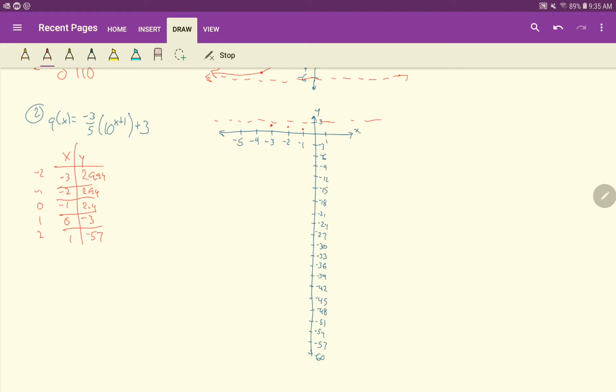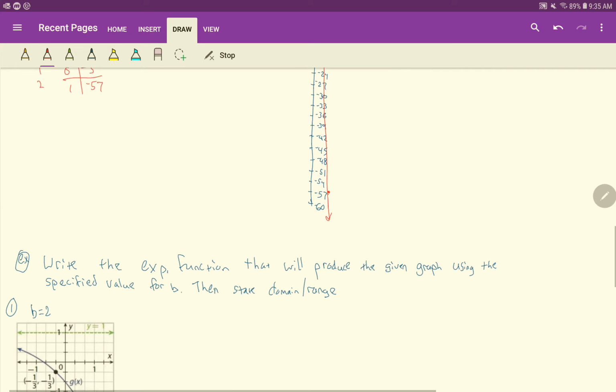And then 0, -3, and then 1, -57, all the way down here. So you can see that we very quickly approach our horizontal asymptote, and then suddenly we drop off. Like that. Okay, and there's our graph.